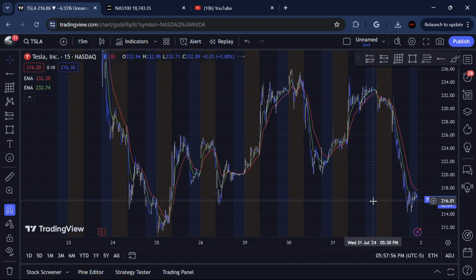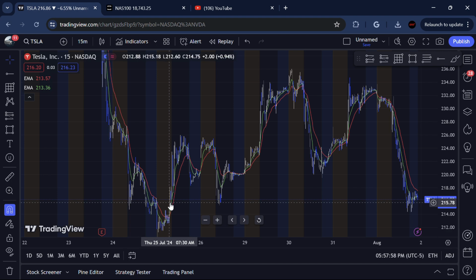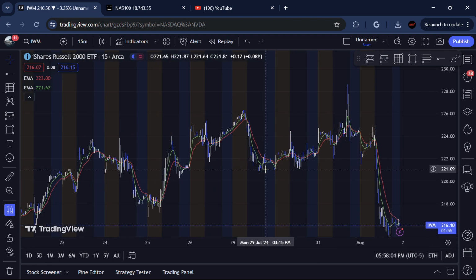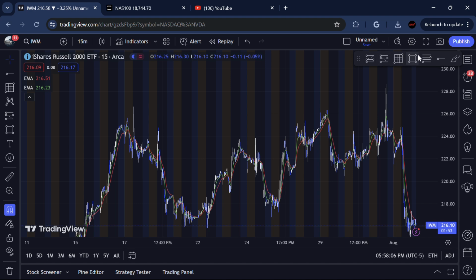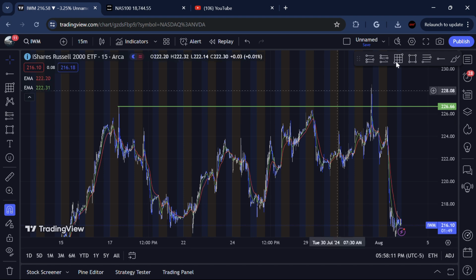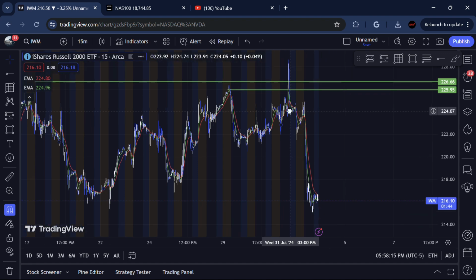Targeted these lows right here. Bang, right there. Once again, that fair value gap. I'll show you on IWM as well. Same thing, bro. It's just consistency. You have these highs, these resting liquidities being demolished, bro. You have this high, demolished.